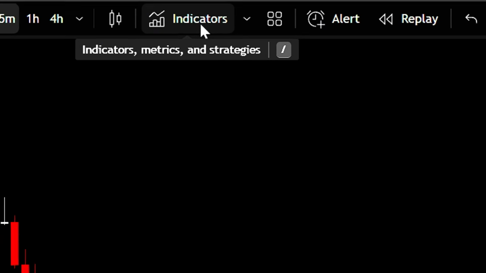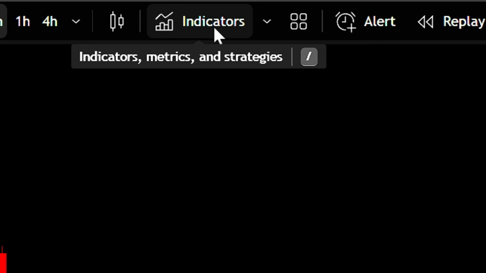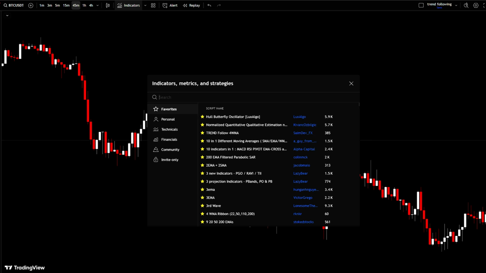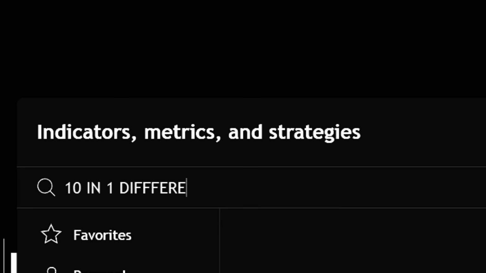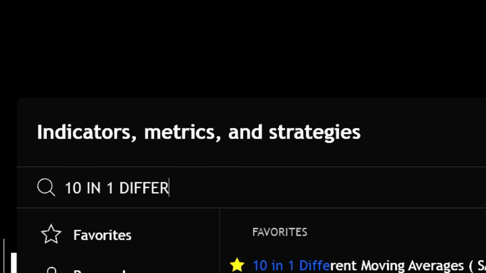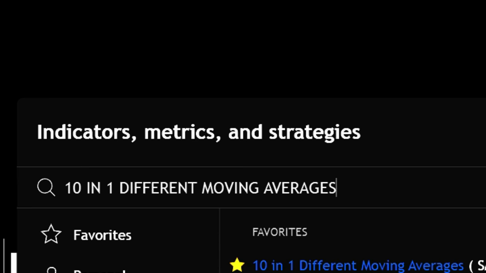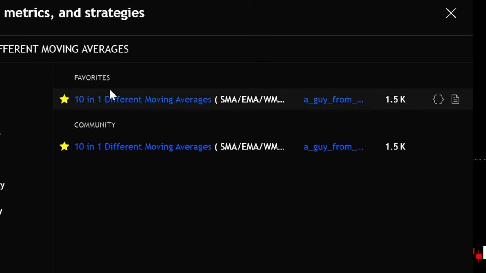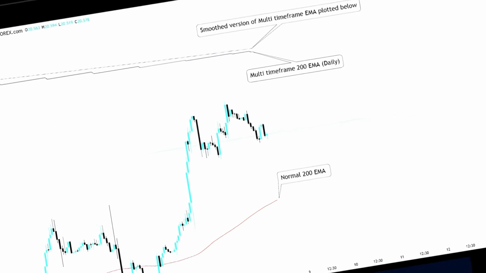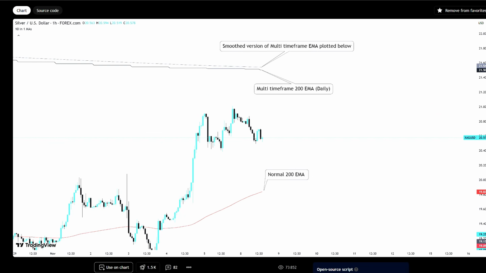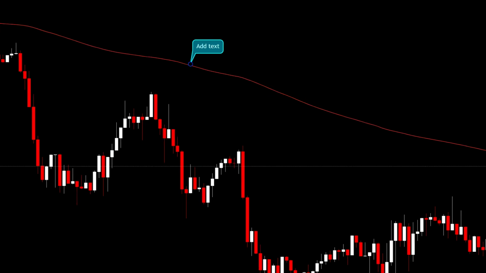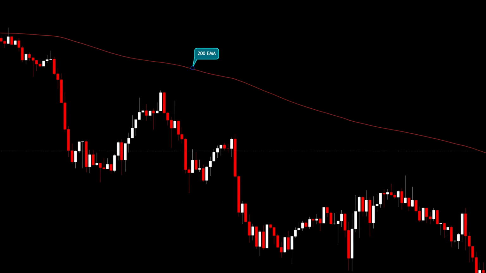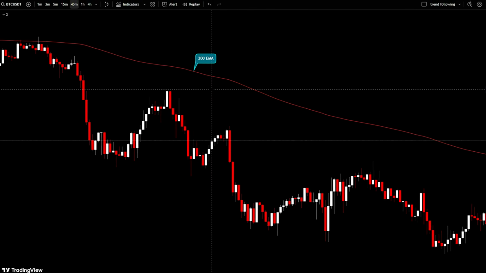So, to add it, head to the indicator section and type 10 and 1 different moving averages and add it to your chart. When you first drop it on your chart, it gives you a 200 EMA line by default. That's fine, but I like to customize it.